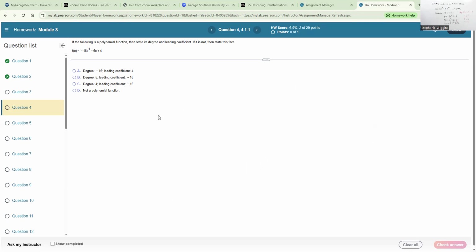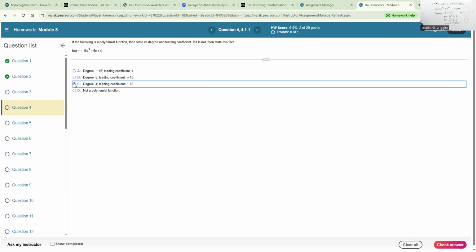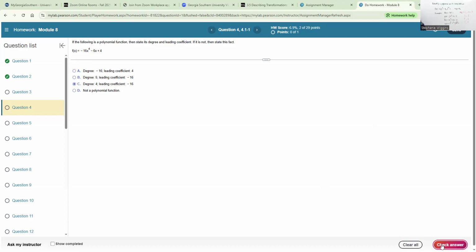If it is not, then state this. Okay, so here, this is a polynomial because we have constants multiplied by x to some power, and the highest power is 4, so the degree is 4, and the leading coefficient is the number in front, which is -16. So the degree is 4. So C is the correct answer.